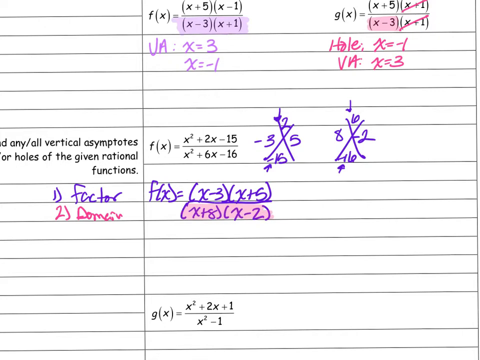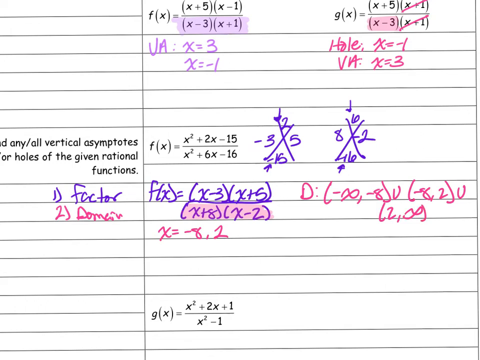So my domain is, let's see, x is not going to equal -8 and 2. So my domain goes from -infinity to -8, joined with -8 to 2, joined with 2 to infinity.